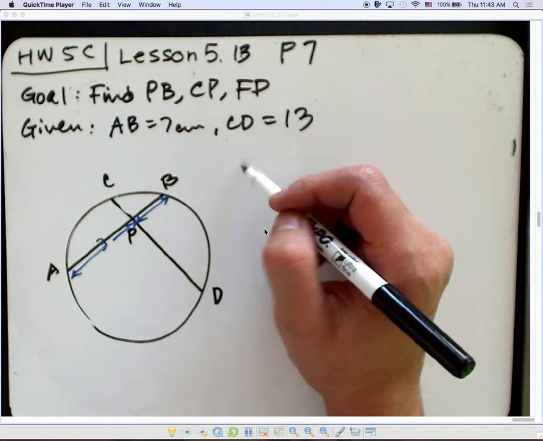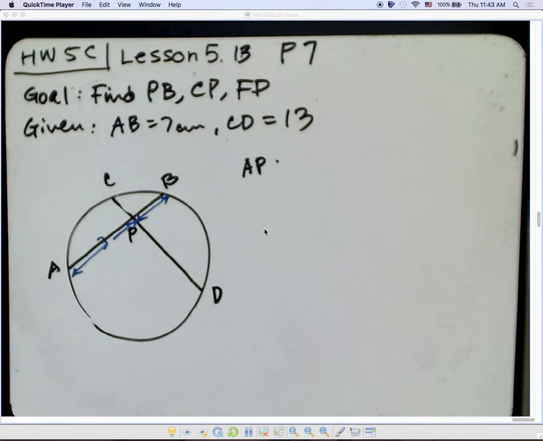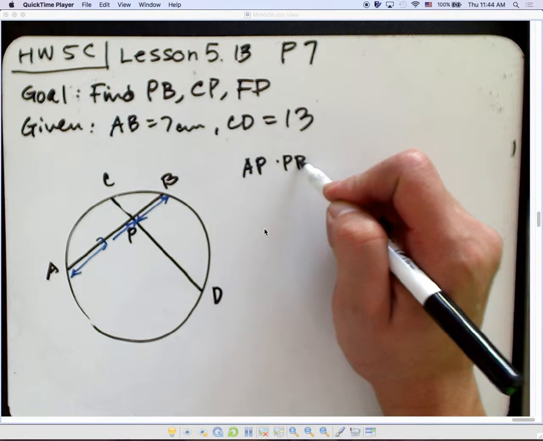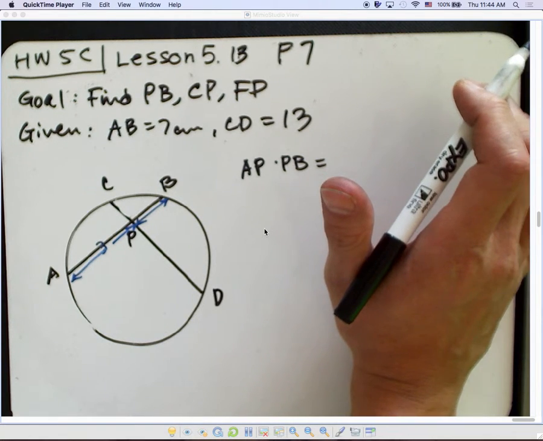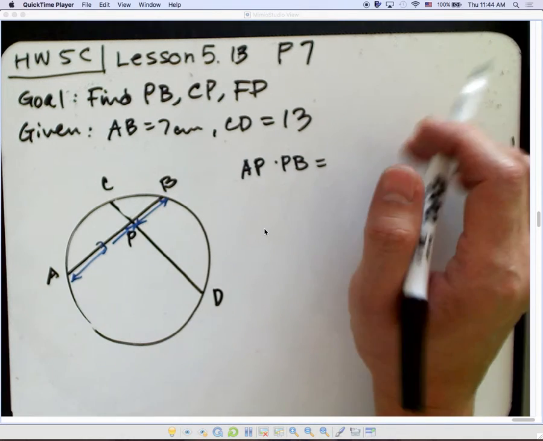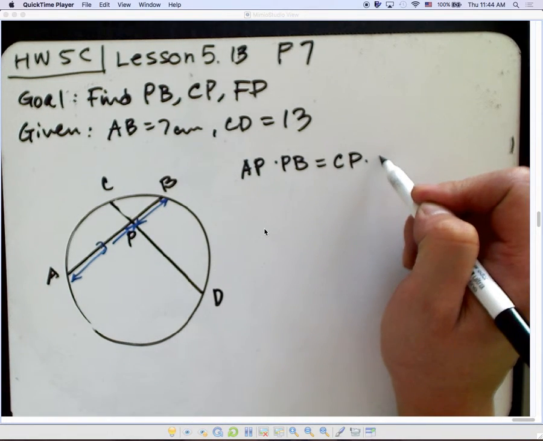That says AP times PB should be equal to CP times PD.